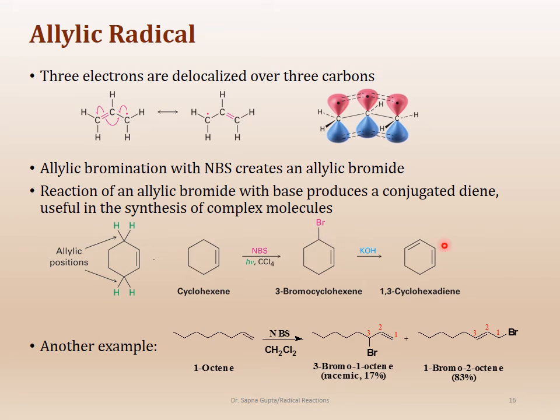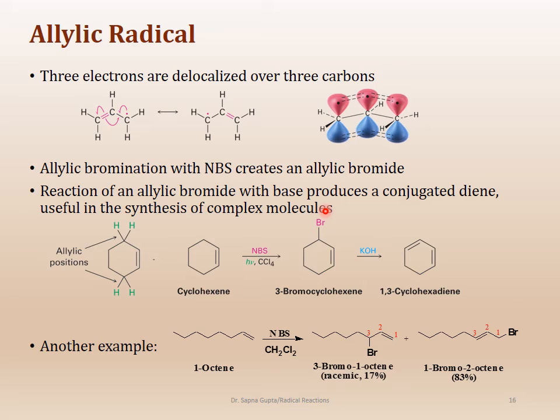Then you can of course do another elimination to get an alkene, but that's not so important right now. What's important is that if you're adding bromine, you're not really getting the addition on the alkene, you're actually getting substitution on the allylic position. That is the purpose of this reaction, because if you have alkenes, then you can also get addition reactions with bromine.